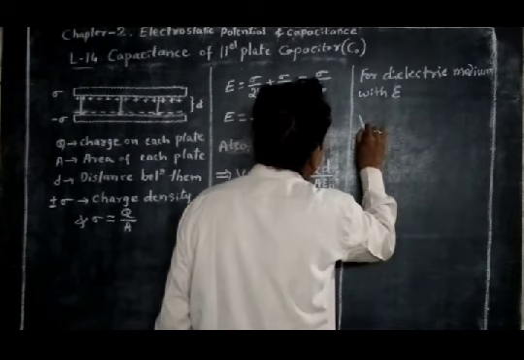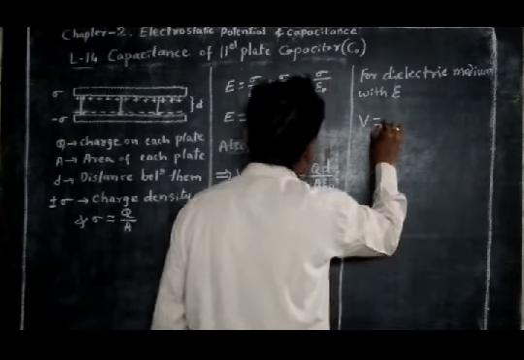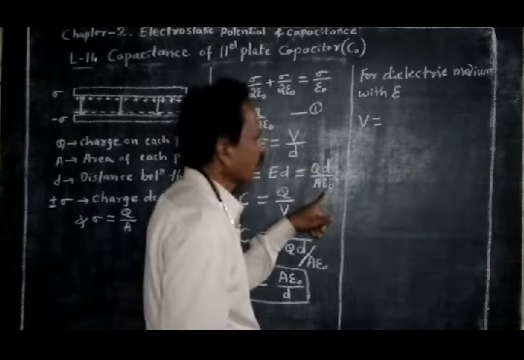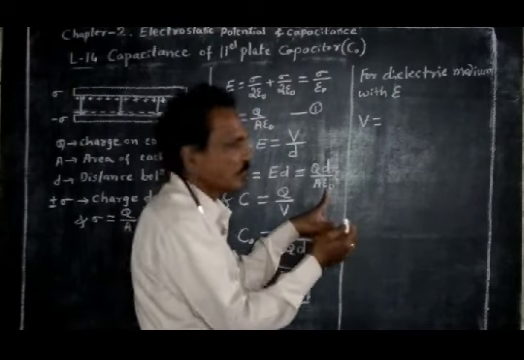The potential difference phi is equal to E into D, where epsilon naught is replaced by epsilon.